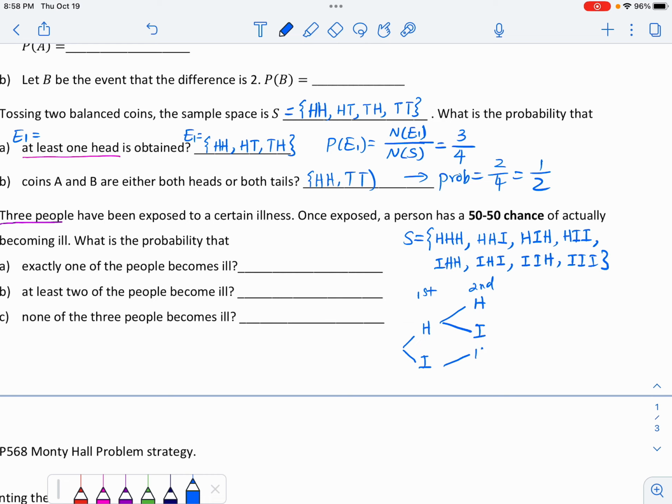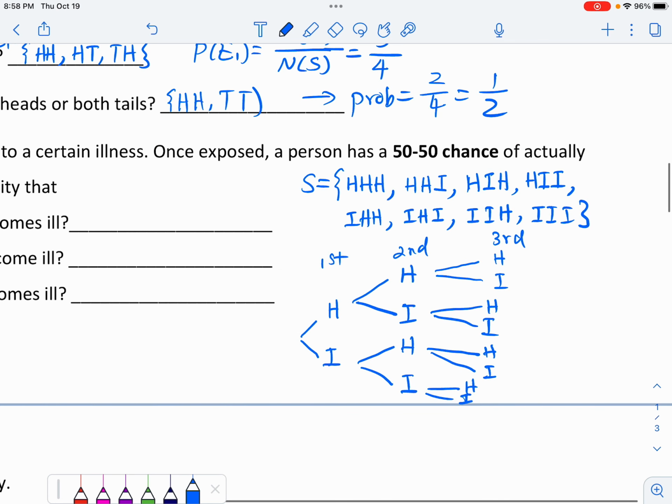Similarly, could be healthy, could be ill. And for the third person, again, just repeat this pattern: could be healthy, could be ill, could be healthy, ill. And similarly for the rest. I'm running out of room here.